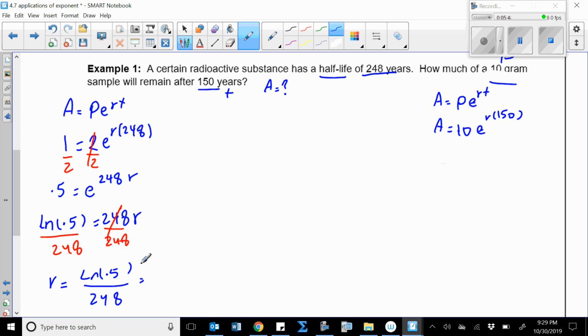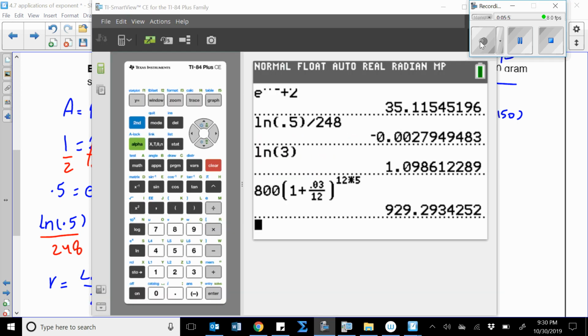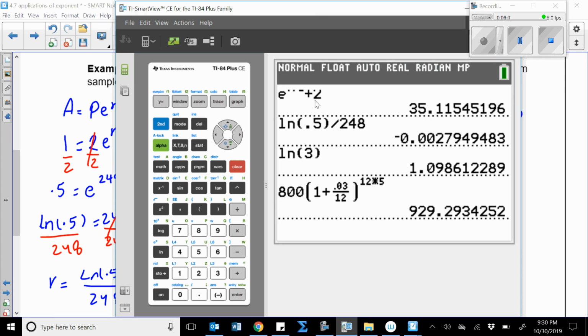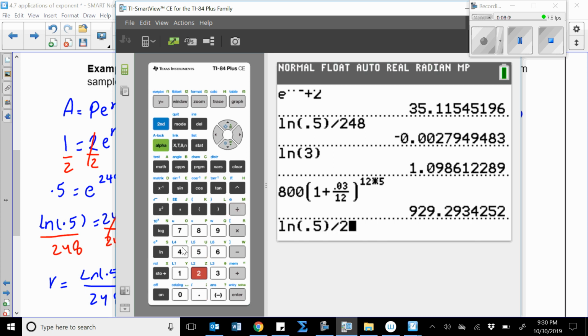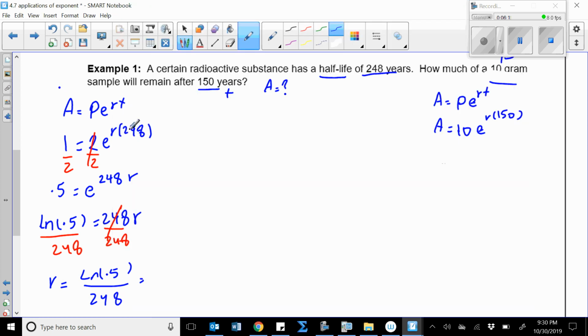Now I'm going to use my calculator to find the value of this. To find this value, I'm going to use the natural log of 0.5 and divide it by 248, and it's equal to negative 0.0027.